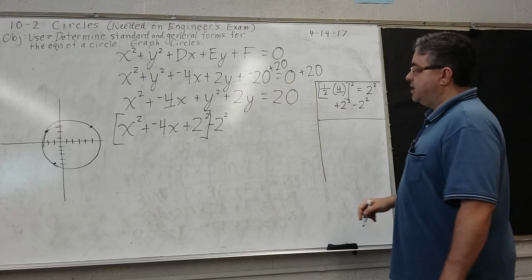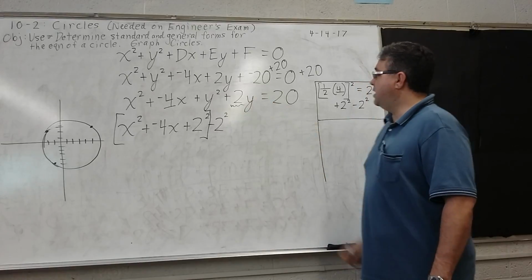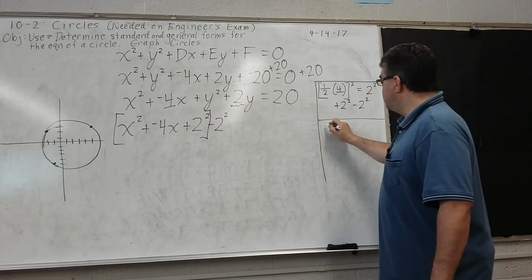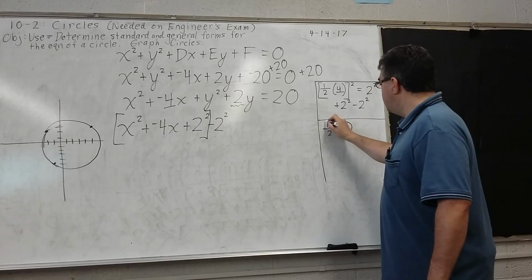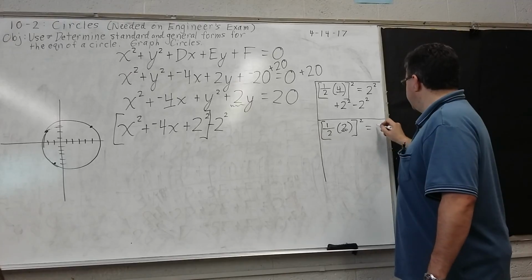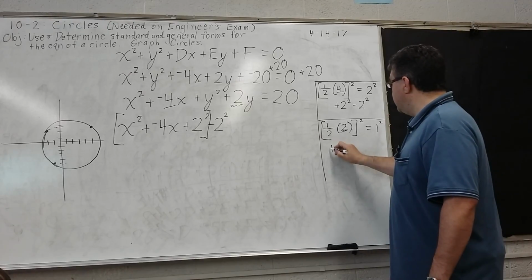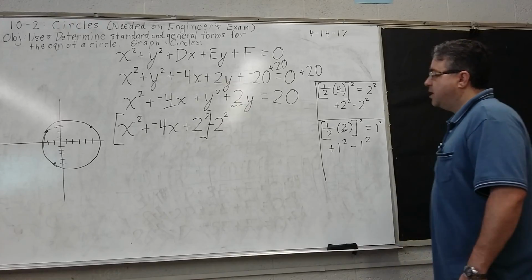And then we have to do the same thing with y. So go to the 2 in y, and you need to do half of 2 and square it. Half of 2 is 1, so we're doing 1 squared, so plus 1 squared and minus 1 squared.